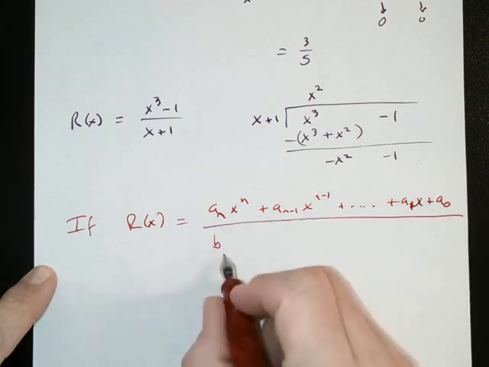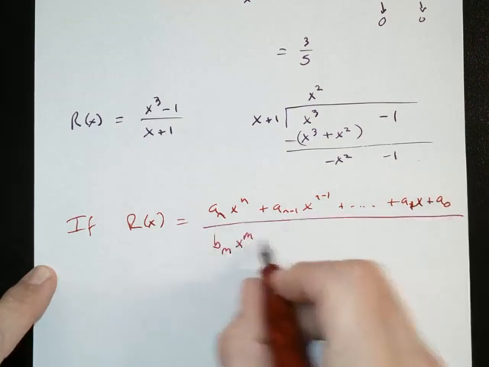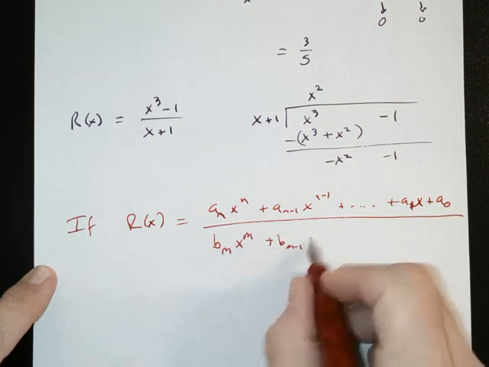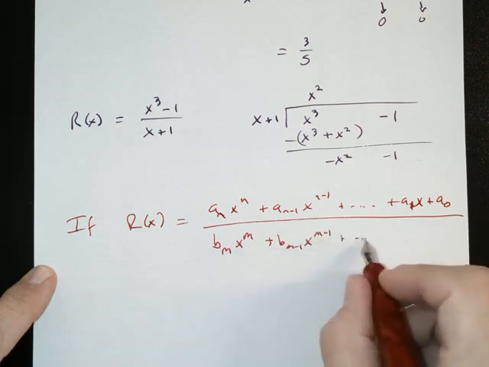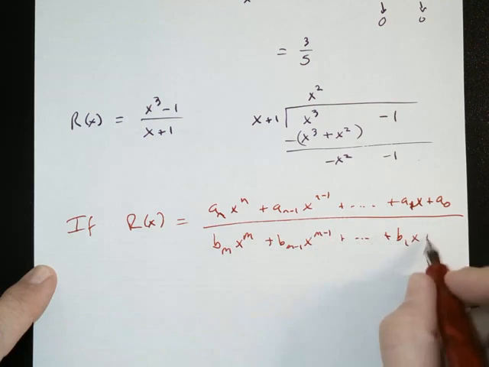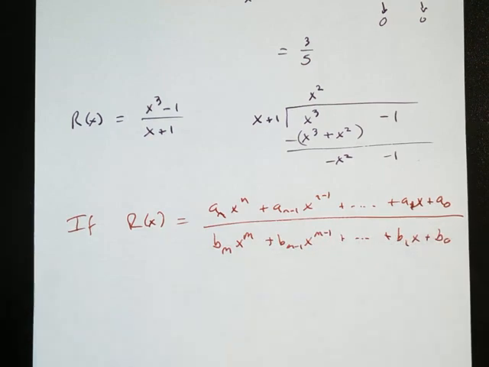And on the bottom, I'll use b's. And since the powers might not be the same, I use a_n x to the n on the top and b_m x to the m on the bottom. Those are just big, long expressions of number times power of x, number times power of x.